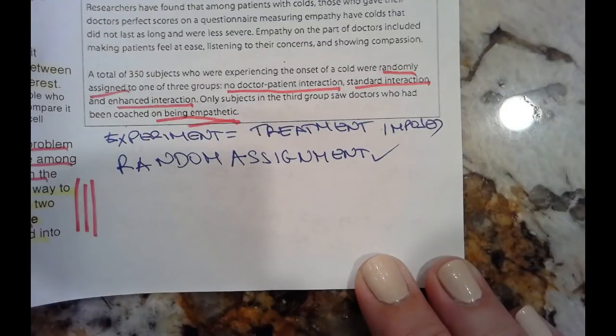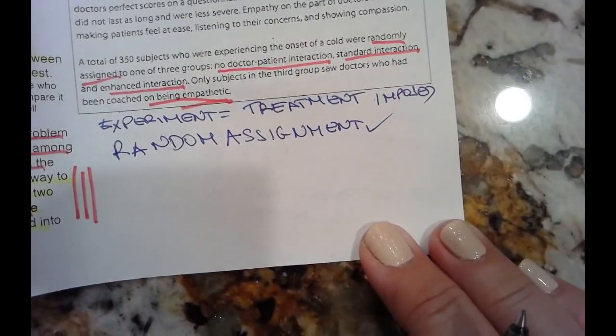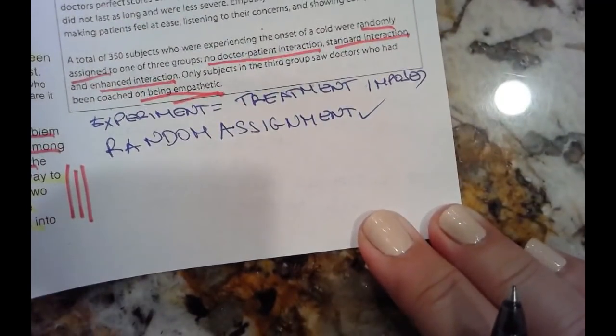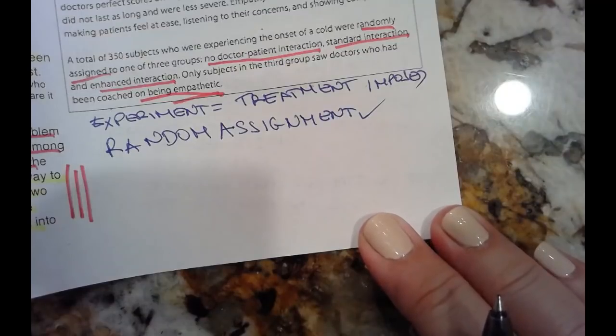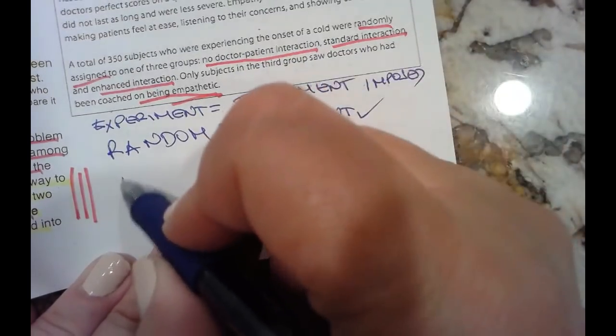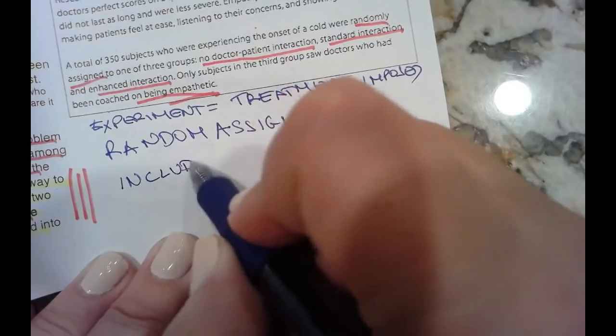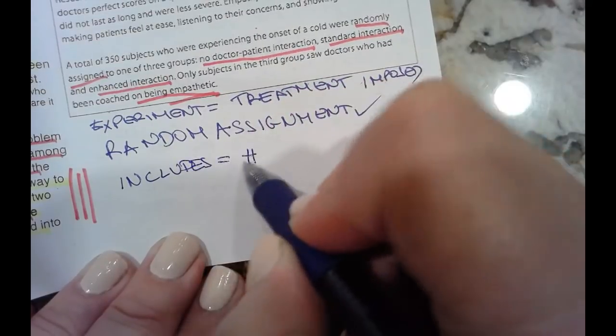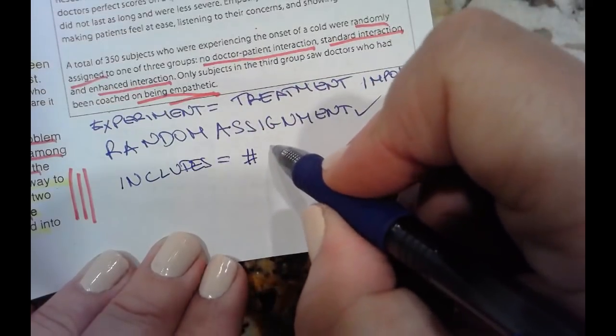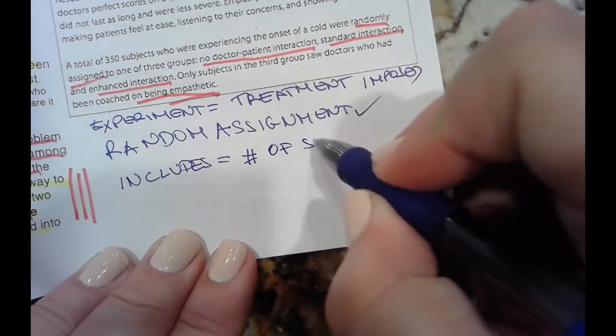And what details of the research does it include? Is anything missing? Okay, so it includes the number of subjects. We know there were 350 subjects.